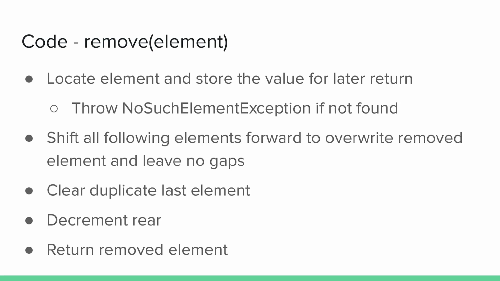All elements from that index back to the end are shifted forward by 1. So we're overwriting our removed element, and we don't want to leave any gaps. After we've pulled everything forward with a shift operation, we need to clear our duplicate last element. Then we can decrement rear, and we finally, at the end, can return the removed element.